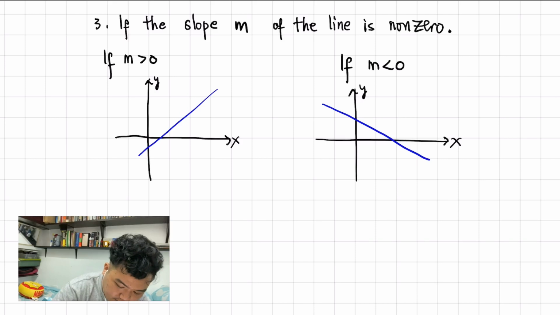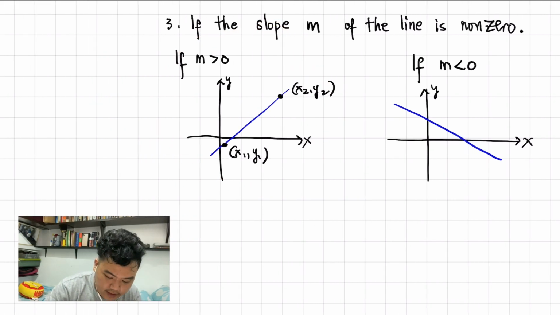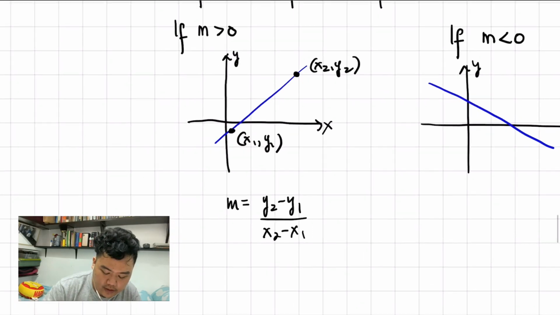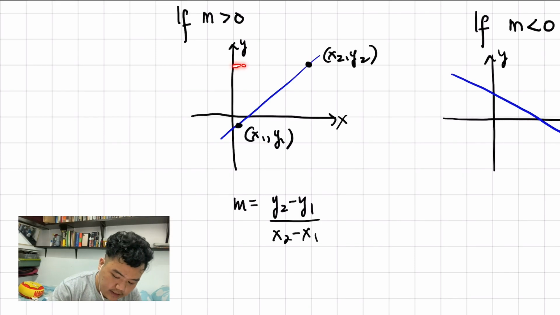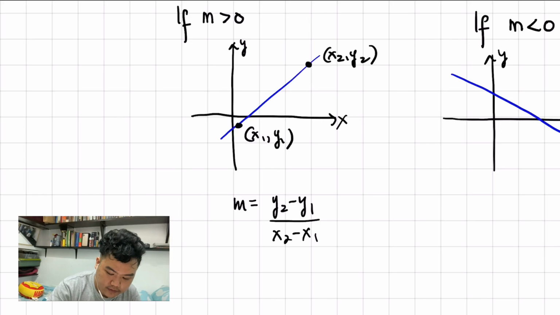Okay, so how do we justify that? Let's say this is (x2, y2), and this is (x1, y1). So for the first case, m is y2 minus y1 over x2 minus x1. And as you can see here, this is y2 and this is y1. y2 is larger than y1, so this is positive.